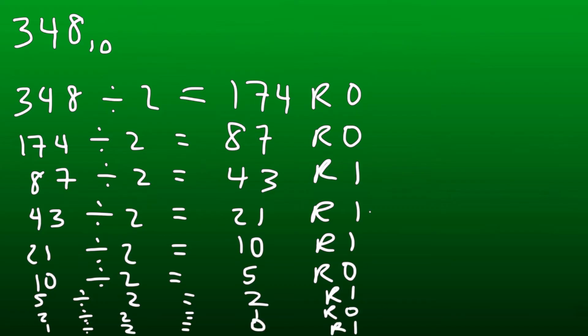And then 1 divided by 2, that's 0.5, so 0 remainder 1. What we have on top is the least significant bit, and this here is the most significant bit. Now you can find your answer just by looking at all of the remainder values, which is here. And so that's the binary number that's equivalent to 348.